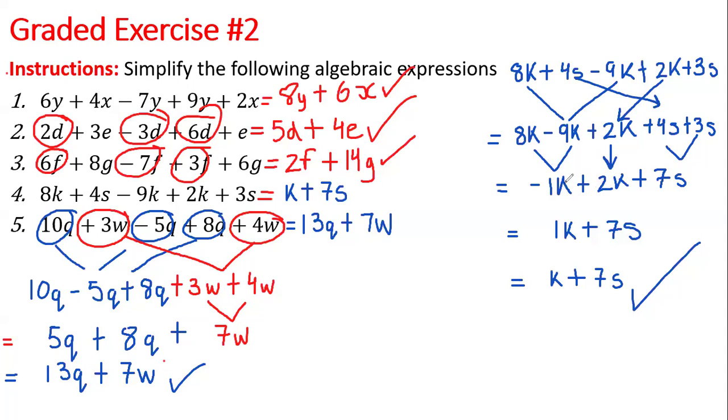Positive 1k. Plus 7s, and that's how we get it. Now it's just 1k, so we just put k. So it's k plus 7s, all right? It's either yes or no, Alora, you know better than that.